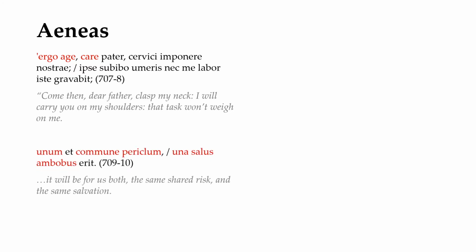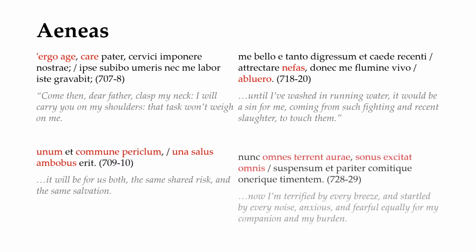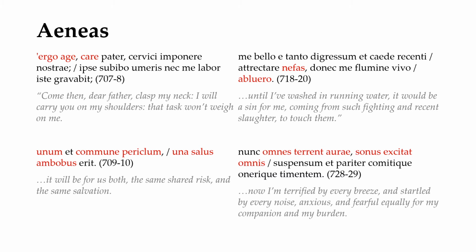The piety becomes even more apparent when he tasks Anchises with carrying the household gods, as his hands are soiled with blood from combat. The chiasmus, also evident in omnes terrent aurae, sonus excitat omnis, hammers home to the student that our hero is experiencing what could almost be described as an insubstantial and intangible fear, raising the question: is this heroic, or is this what we would expect from a hero?